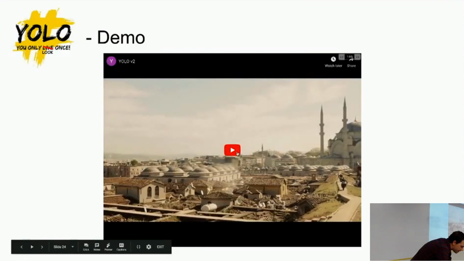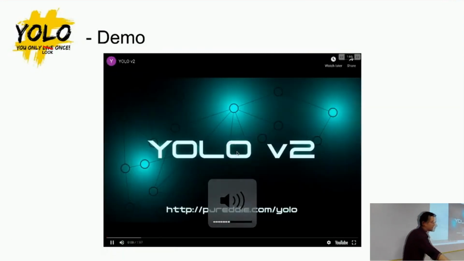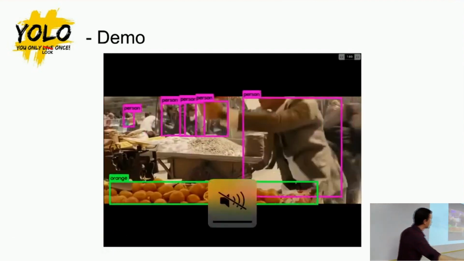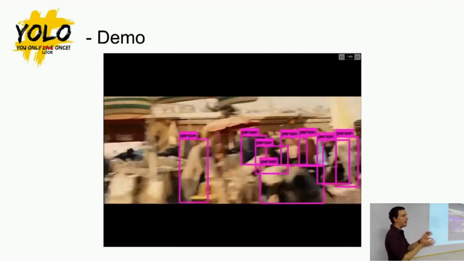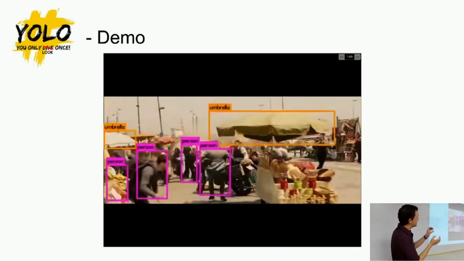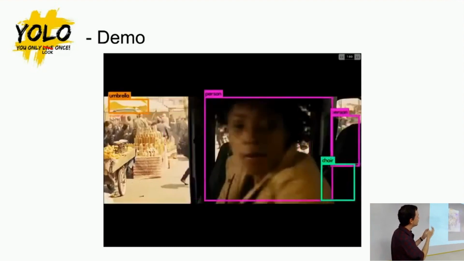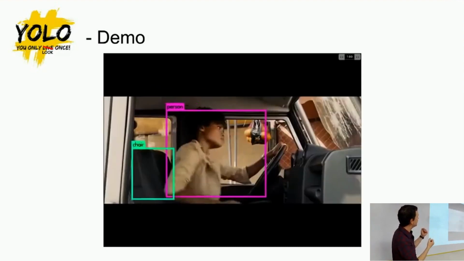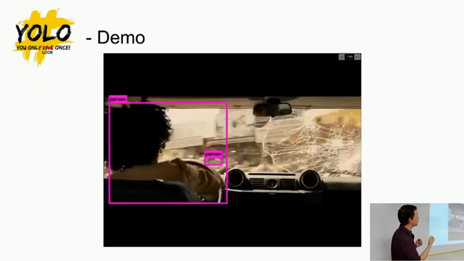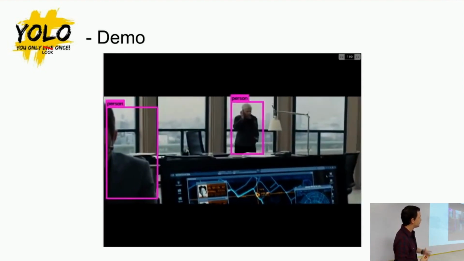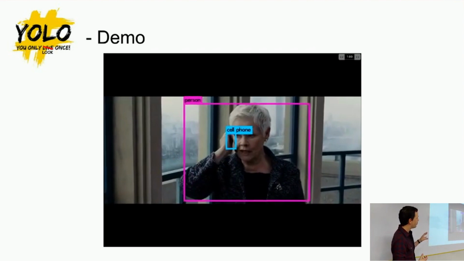This video was processed with a very normal computer, probably with a high-end graphics card, and it is real-time processing. The real strength of this algorithm is detecting objects very fast. It's much faster than previous models. This is the whole purpose of it.